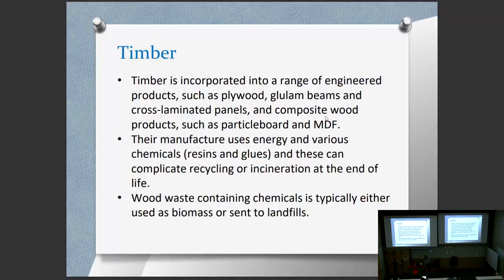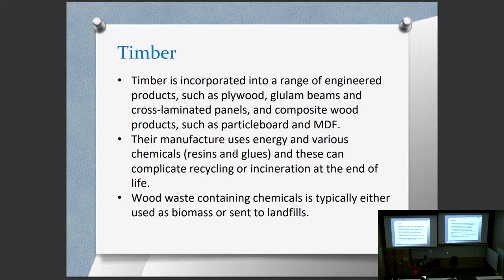Composite wood products such as particle board or MDF, their manufacture uses energy and various kinds of chemicals like resins and glues. So in order to produce the plywood or this CLT, we may need to use a lot of resin and glue. And all these are chemicals.